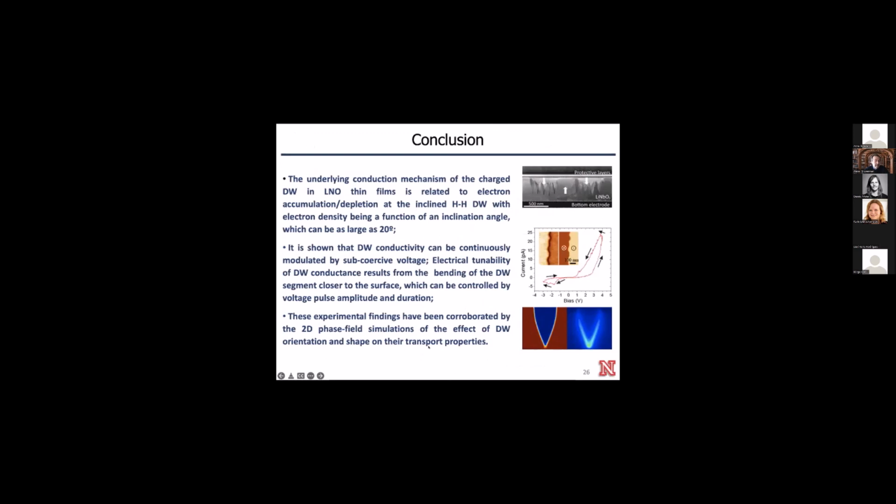These experimental results have been corroborated by the phase field simulation, indicating that indeed, depending on the alignment or angle between the domain wall and the polar axis, there is a change in the conductive properties across the length of these domain walls.